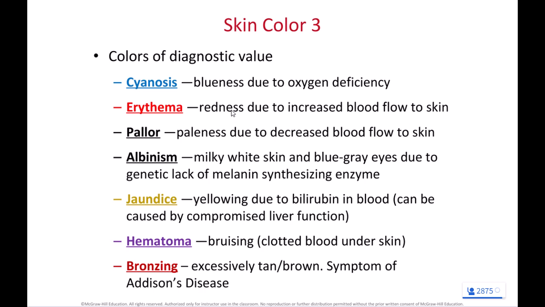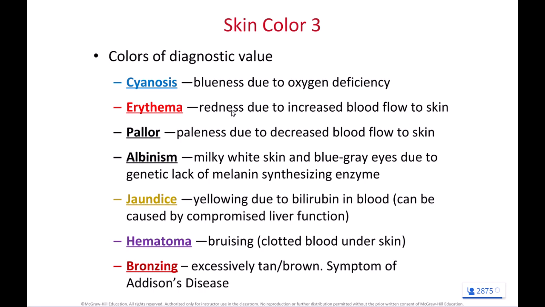If somebody has bright red skin, that's known as erythema, and that's going to be due to extra blood in the superficial tissues. Generally speaking, cyanosis is associated with being cold, and that oxygenated blood, or that warmer blood, is being funneled towards the internal organs to maintain the core body temperature. When somebody has erythema, they're usually overheating and sending extra blood to the surface to help cool off.